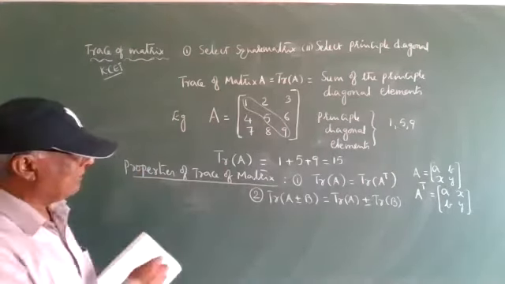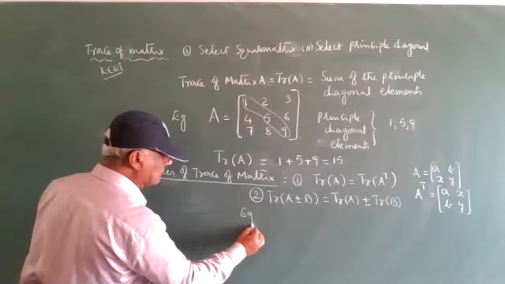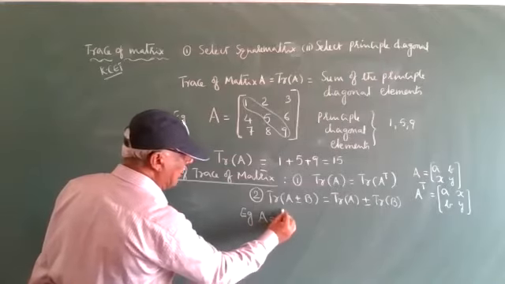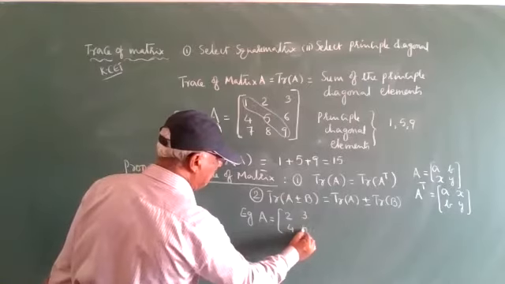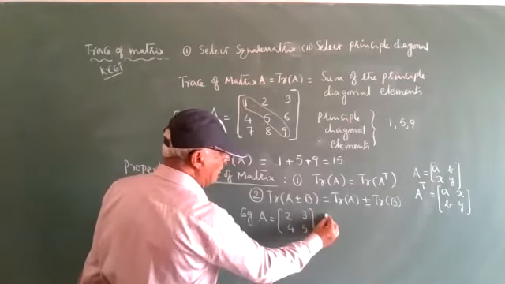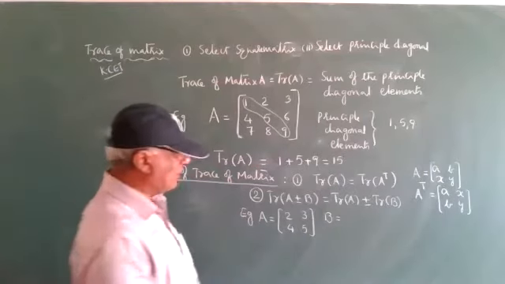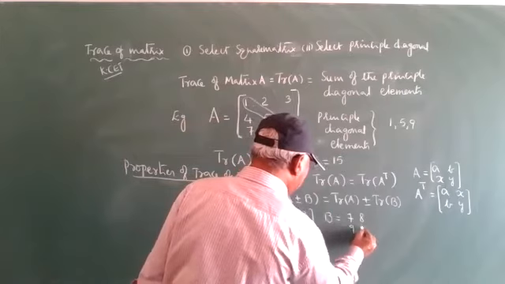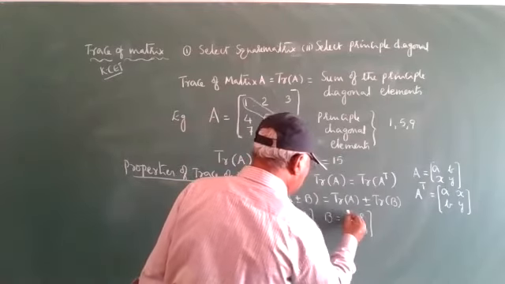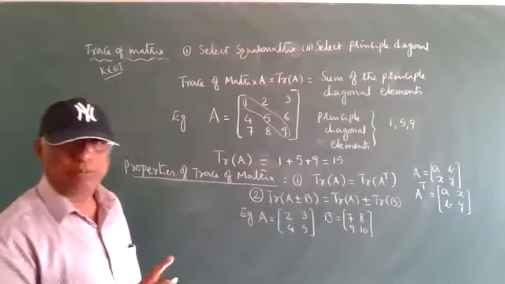Okay? I will give one example. See everyone. A is equal to 2, 3, 4, 5. B is equal to 7, 8, 9, 10. Now see, A plus B means adding corresponding elements.